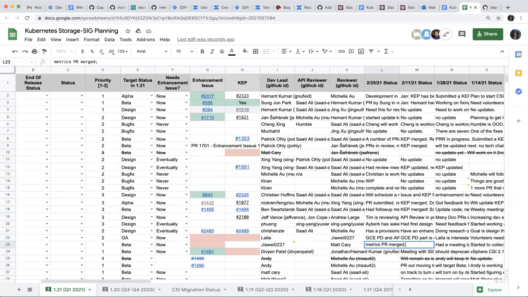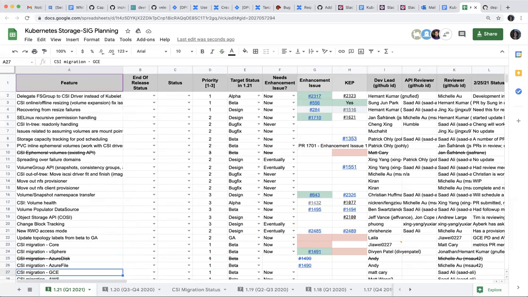I'll talk more about the metrics in tomorrow's CSM migration meeting. Other than this, there is no outstanding work remaining in the CSM migration core. So the next thing is for each driver to keep track of their CSM migration progress. And that's all. Okay, thanks.